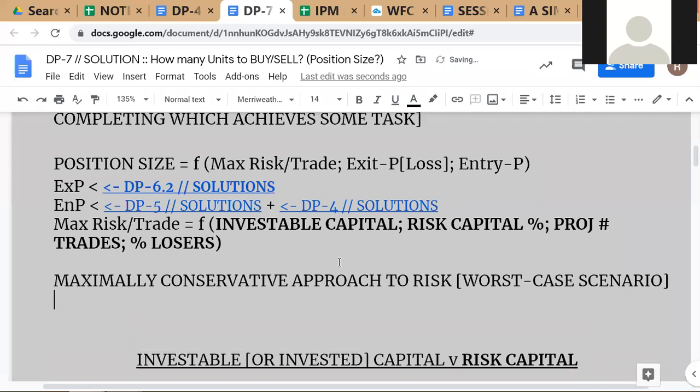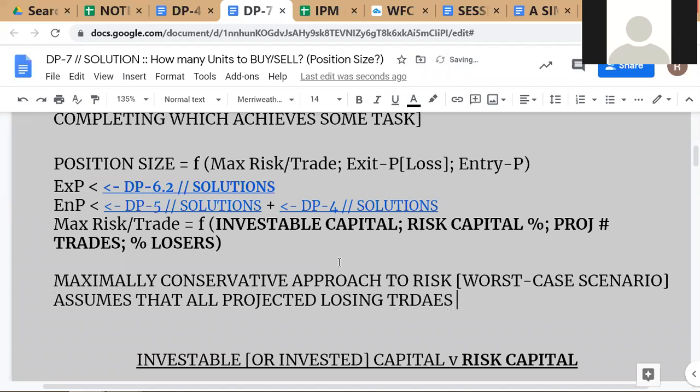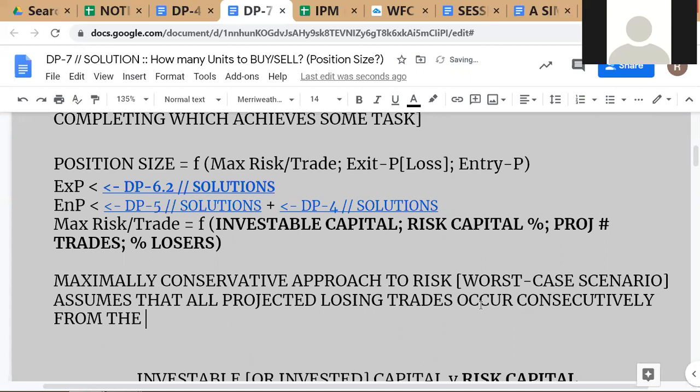So we assume that all projected losing trades occur, okay.